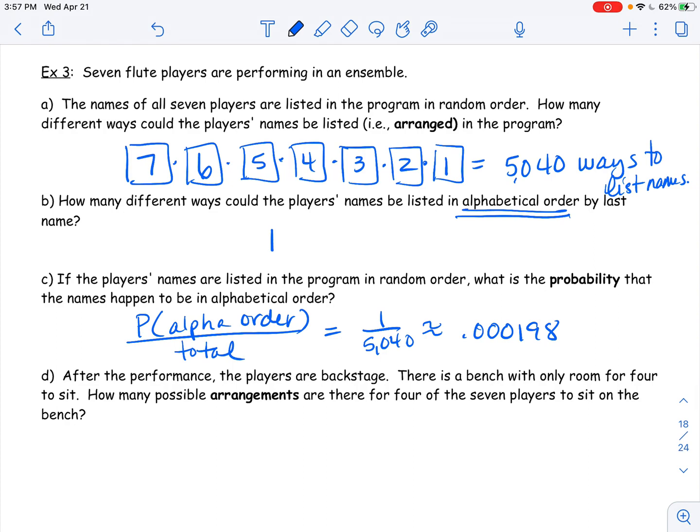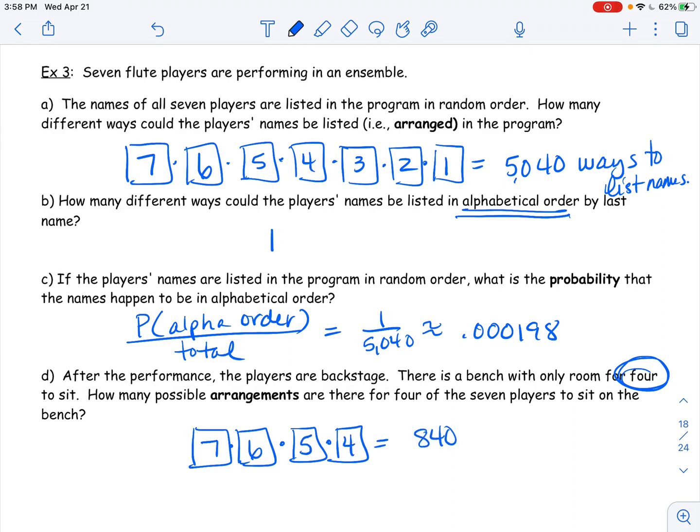There is a bench with only room for 4 to sit. Okay, I have 4 spots. We've got 4 places. Well, the first seat has 7 options to choose from. If one person sits, then you'll have 6 people to choose from, then 5 people, then 4 people. If you multiply this together, 840 ways to sit those people.